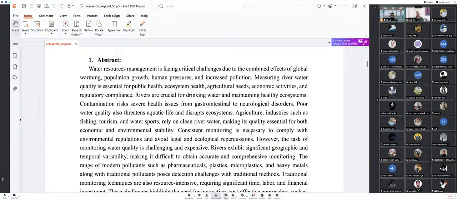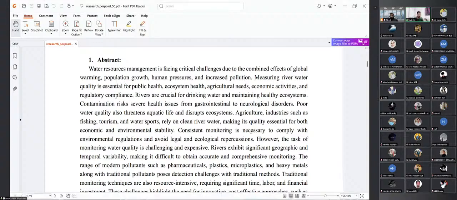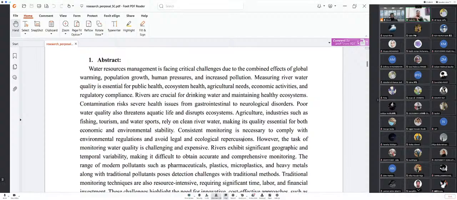So, for example, this shows why a graphical abstract is important and how it changes your perspective on any particular document. This is a research proposal, which is almost in the same format as a review or research paper.